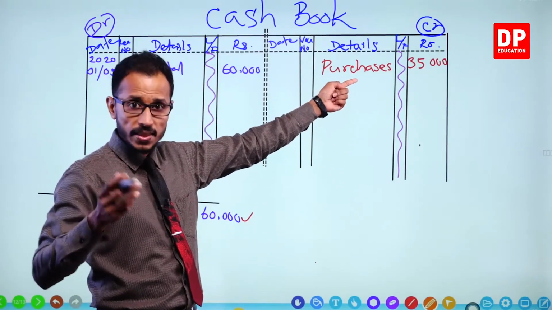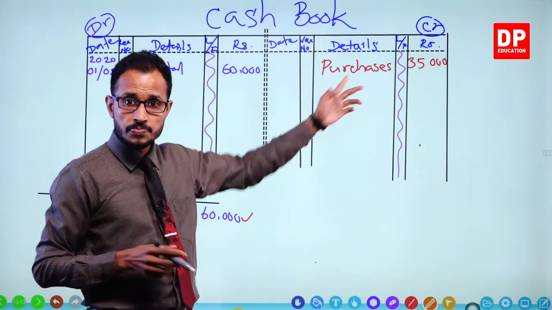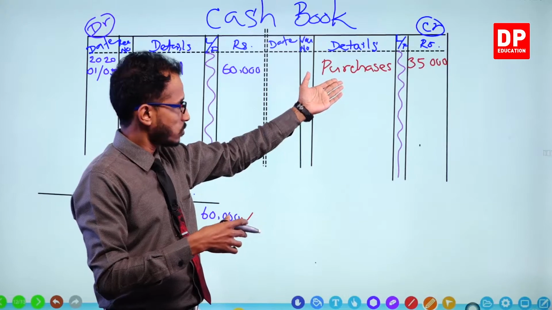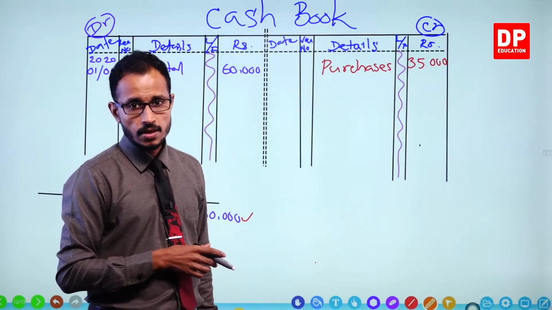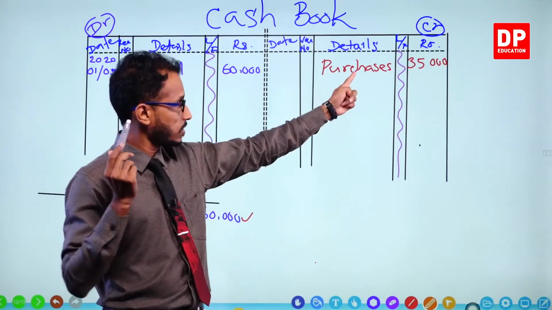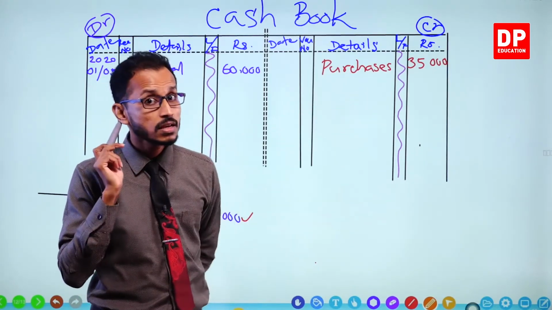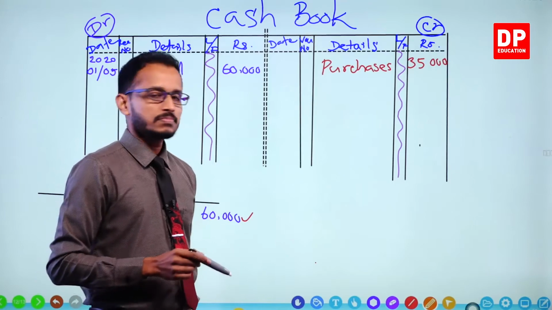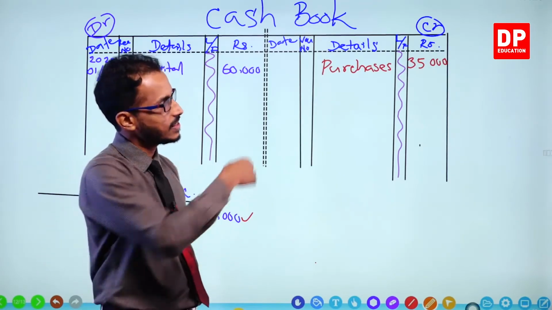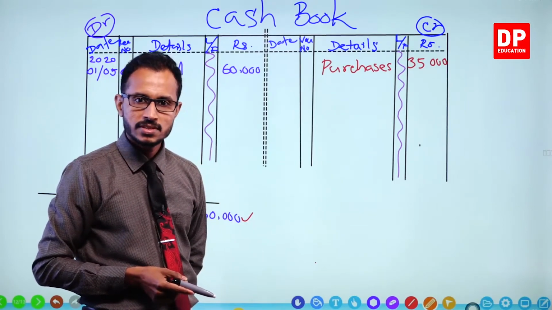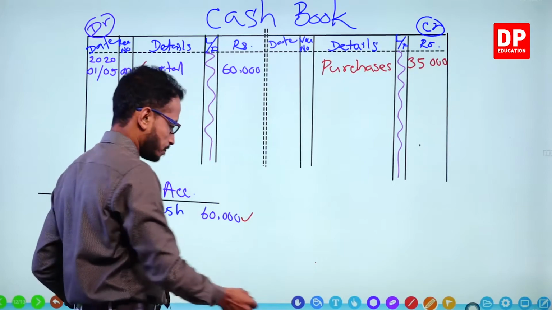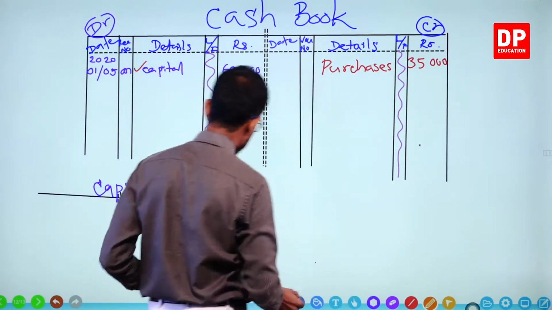How did I guess what to write in the details column? How did I write this word purchases? Because that is the name of the other account. The double entry goes to the purchases account.